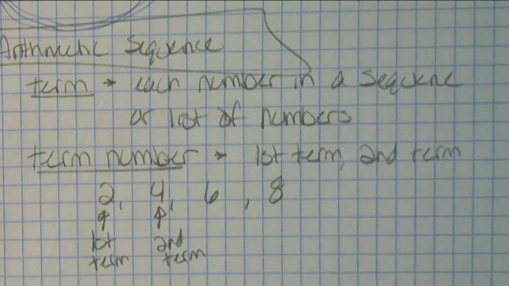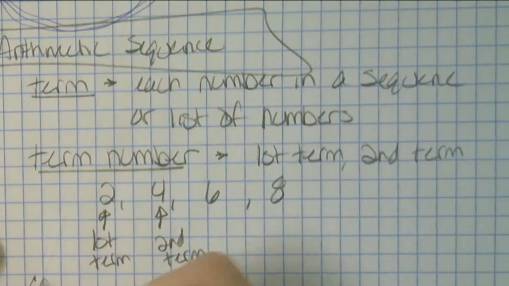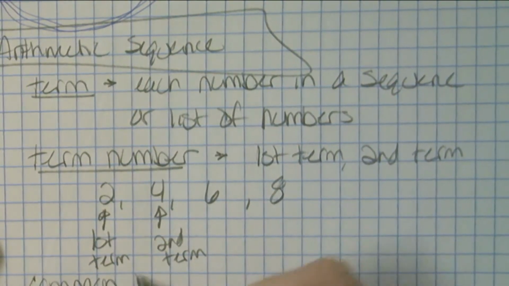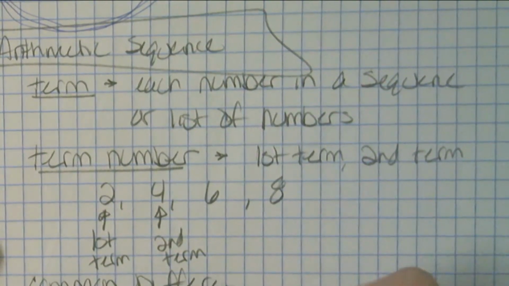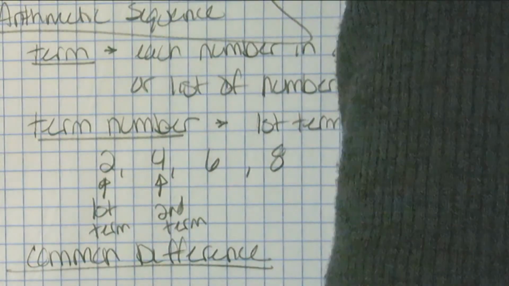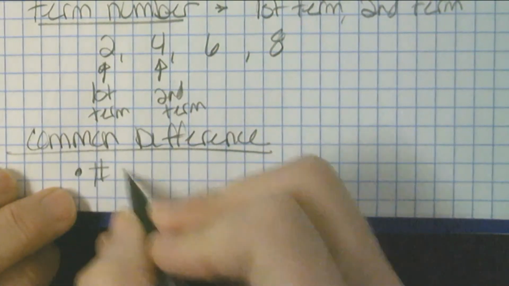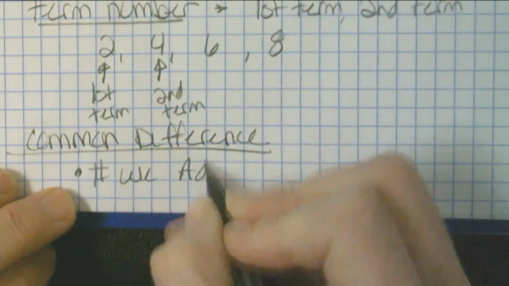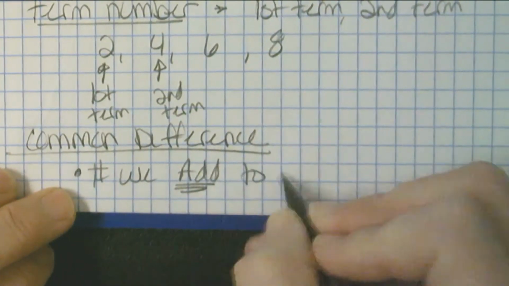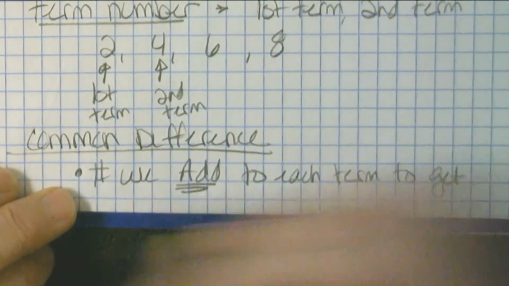All right. Okay. We have something called a common difference. And the odd thing about calling it a common difference is it's the number that we are adding to each term to get the next term. This is the number we add to each term to get the next term.